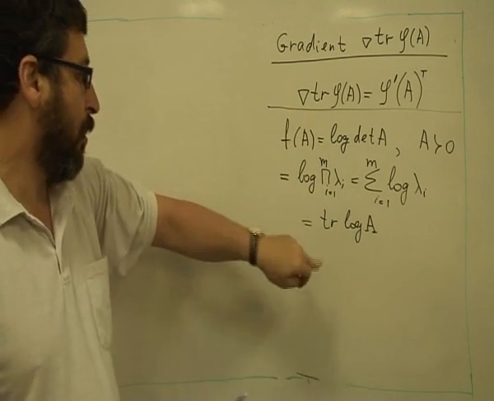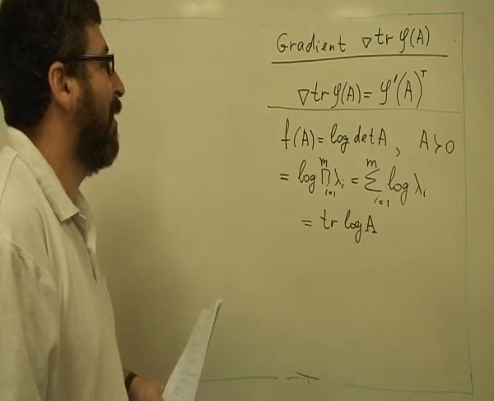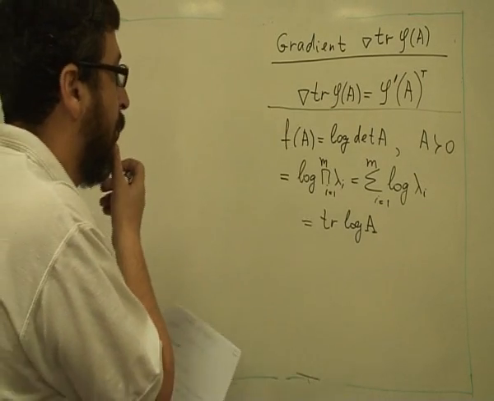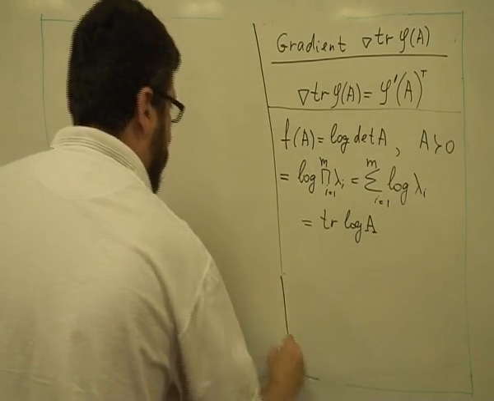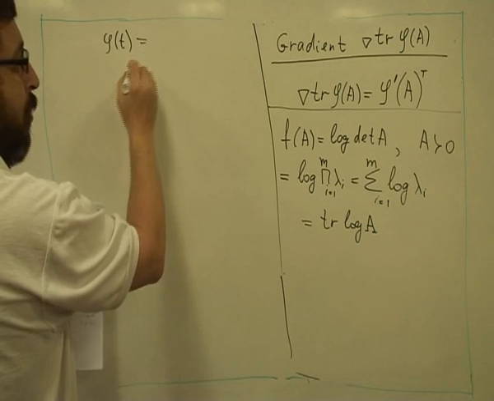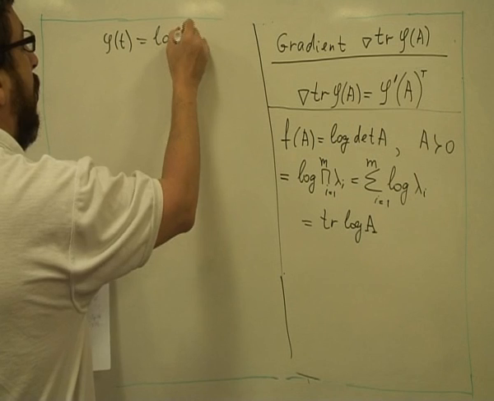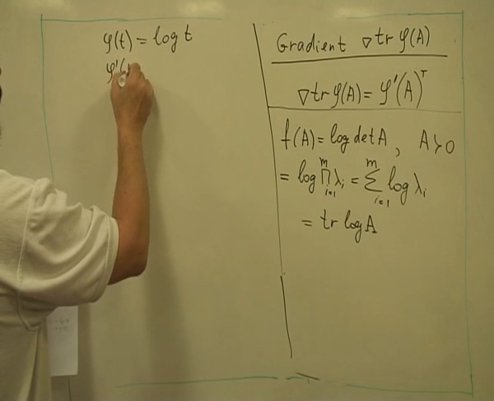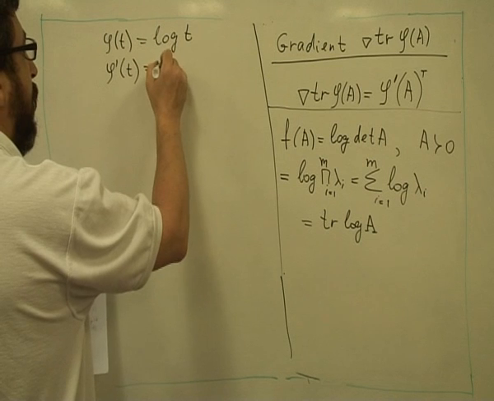Okay, and we wanted the gradient, so we know the gradient of a matrix function. Our scalar function phi of t is just log t. What is its derivative? Phi prime of t is 1 over t, or t inverse.